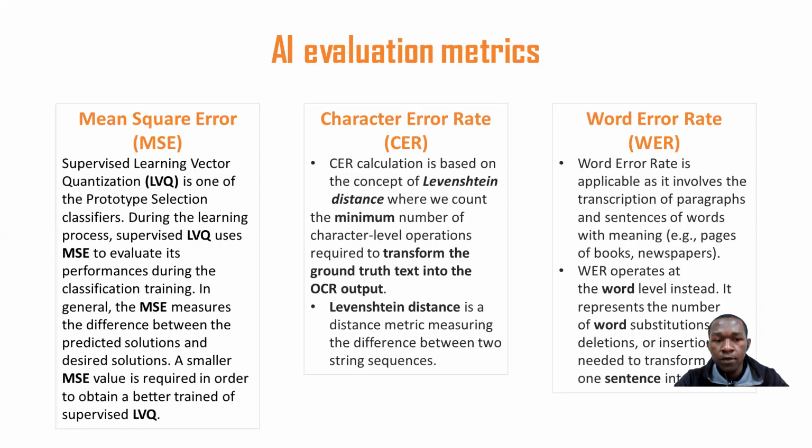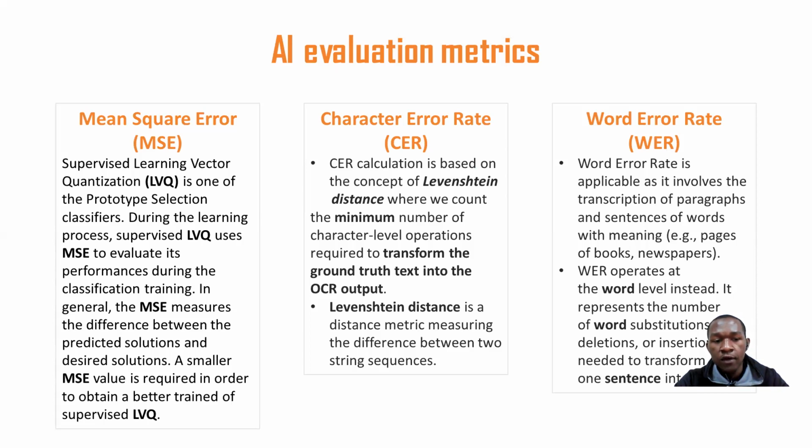Moving on, some of the AI evaluation metrics we are considering for our system also shall be the mean square error, abbreviated MSE. Supervised learning vector quantization is one of the prototype selection classifiers. During the learning process, supervised LVQ uses the mean square error to evaluate its performance during the classification training.